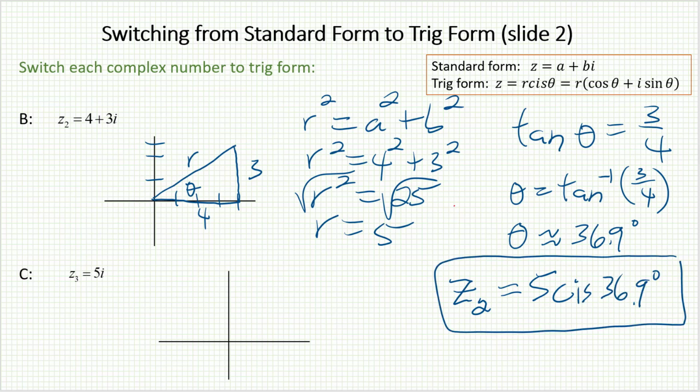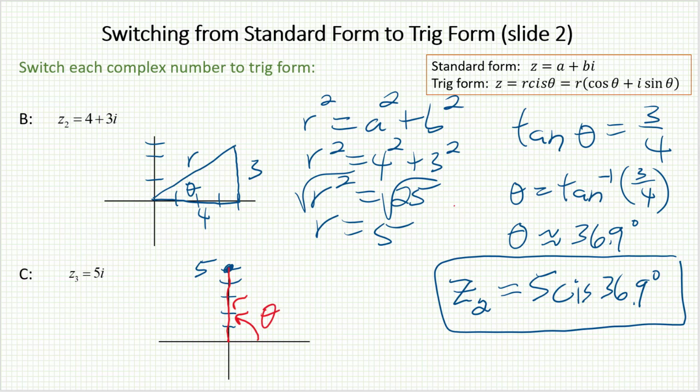Example C gives us the complex number z equals 5i. If your complex number lies on either the real axis or the imaginary axis, then finding the trig form is pretty easy. This one doesn't have a real part, so it just goes up here 5. Well, r would just be this distance, and theta, the argument, would just be this angle.